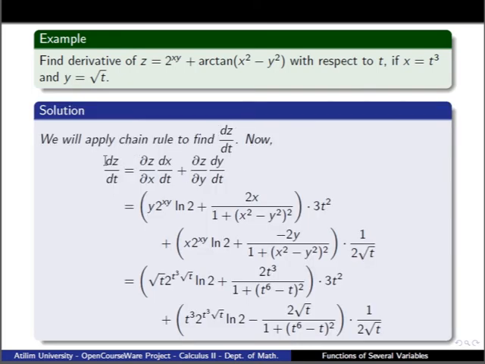so this differentiation is represented by dz over dt, where in this case we differentiate z first with respect to x, that is y times 2 to the power xy ln 2, plus the derivative of arctangent of x squared minus y squared with respect to x, which is this ratio, times the derivative of x with respect to t, which is 3t squared.